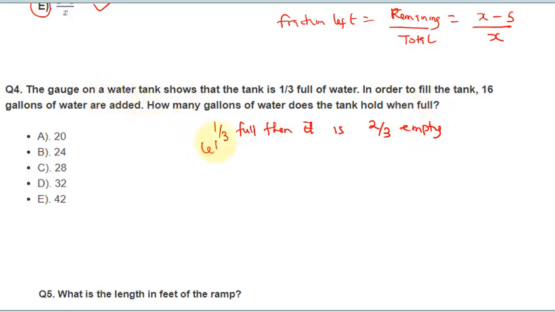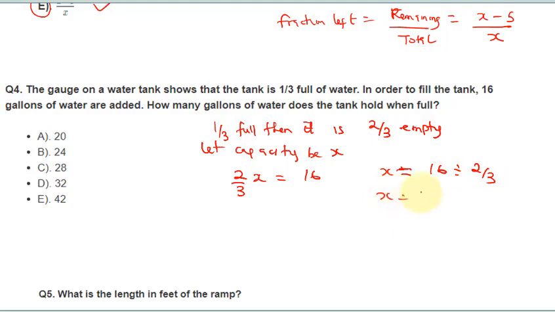Now let capacity be X. So if 16 gallons of water were added to fill it, that means 2/3 multiplied by X filled it up. That's 16. So in order to get the capacity, X is going to be 16 divided by 2/3.